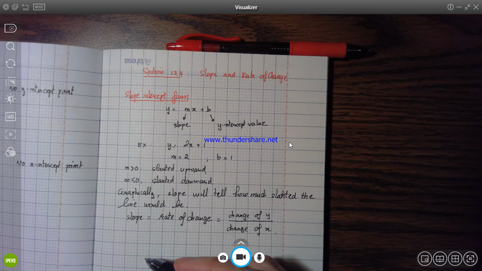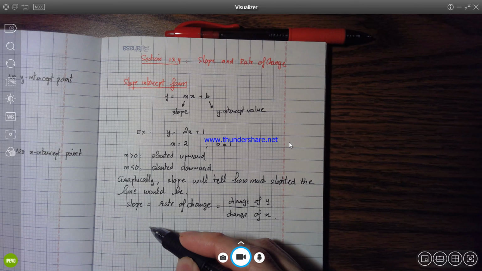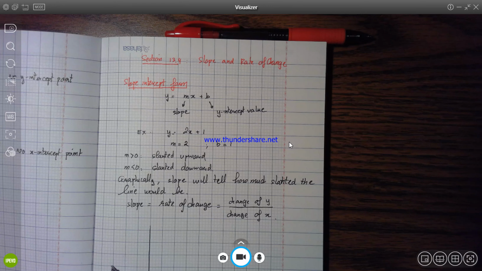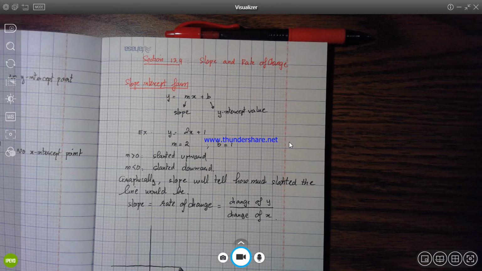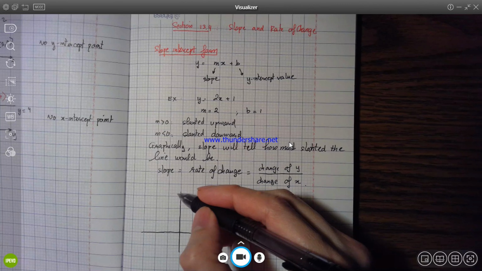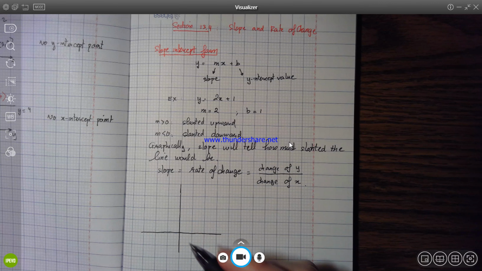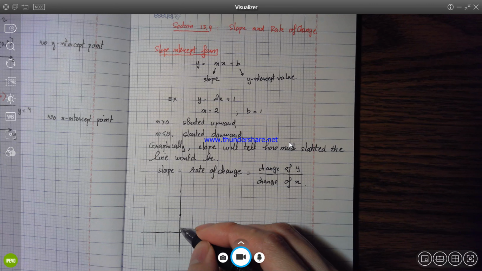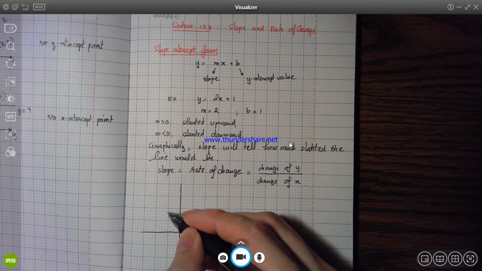Now let's draw a line. I have a coordinate system like this, and I'm going to pick a point over here, 0, 3.